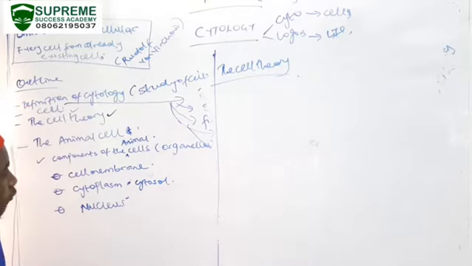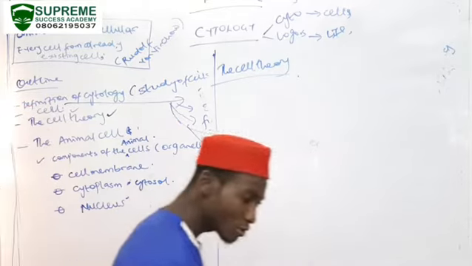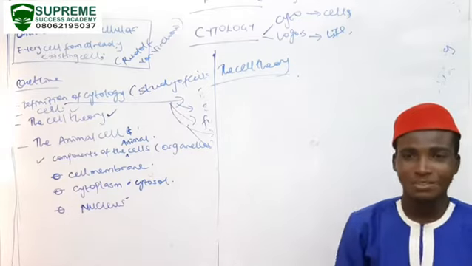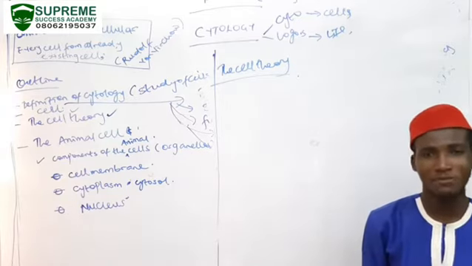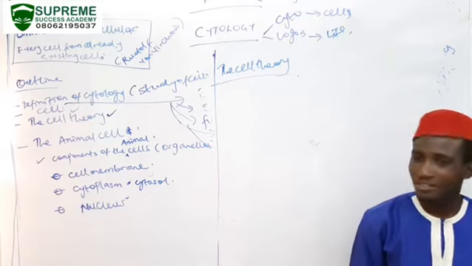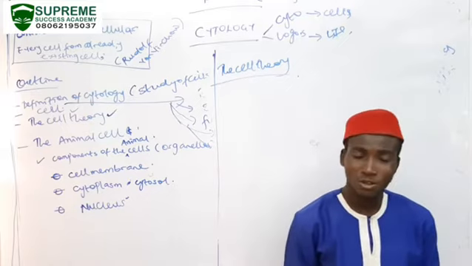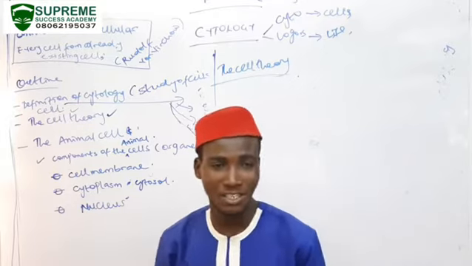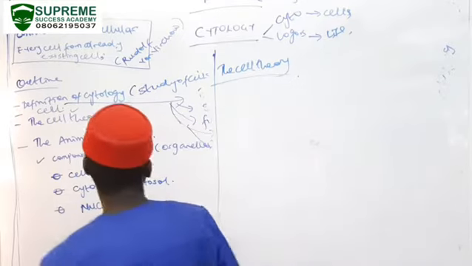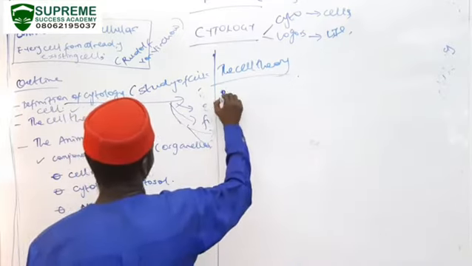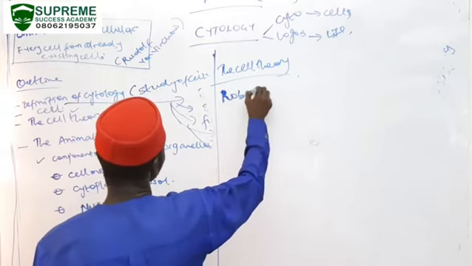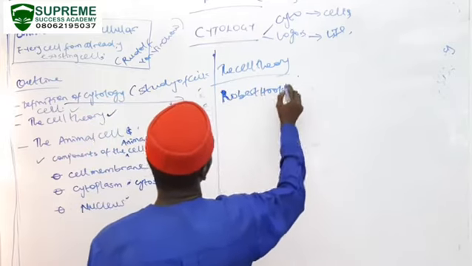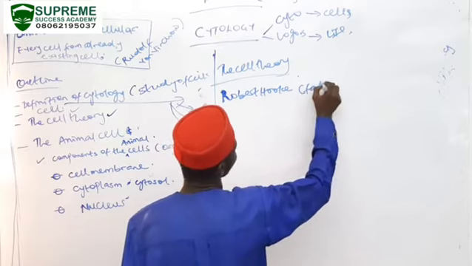Of course, before I go to this theory of the cell, I need to look at some historical overview of the cell. The study of cytology began with the father of cytology. His name is Robert Hooke.